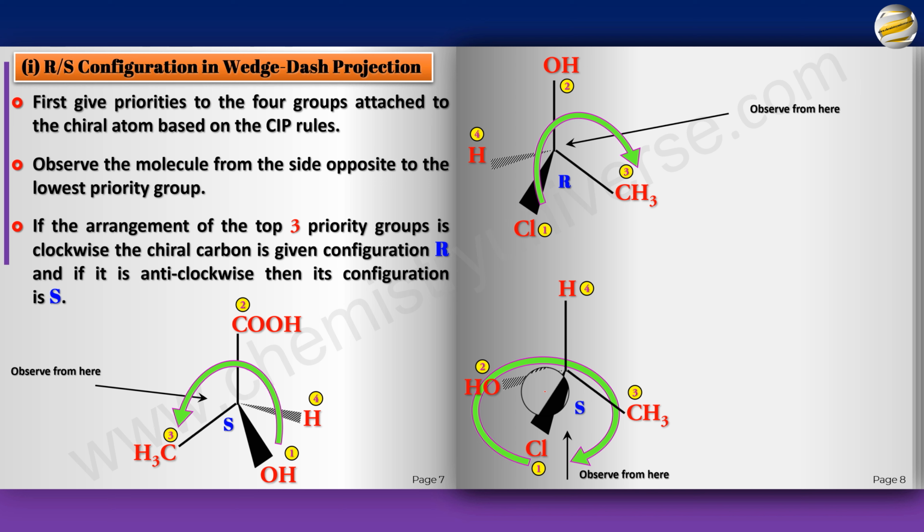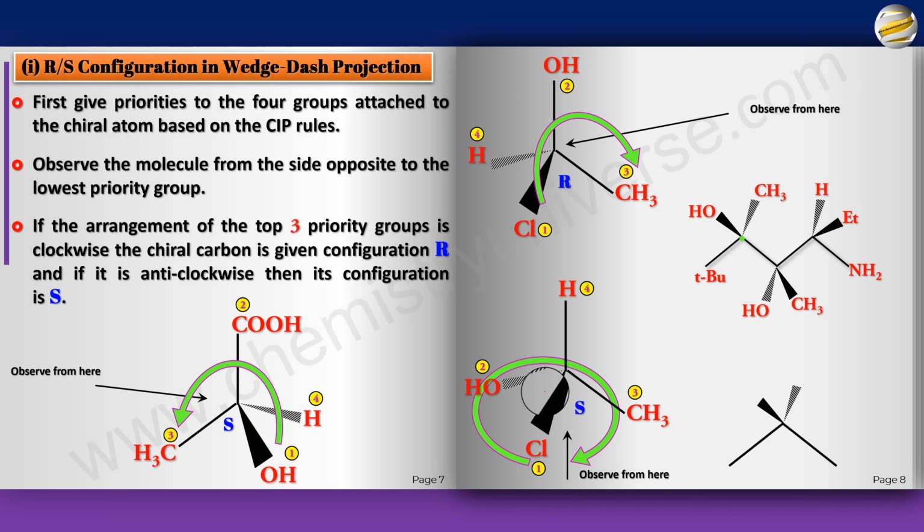So now let me give you a tough one. Wow, multiple chiral centers. So I'm going to look at each chiral carbon one at a time. First let's look at this one. So it's like this. Now just give the CIP priority. Which is 1?